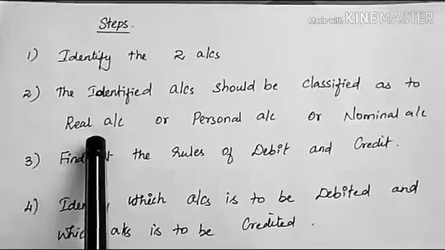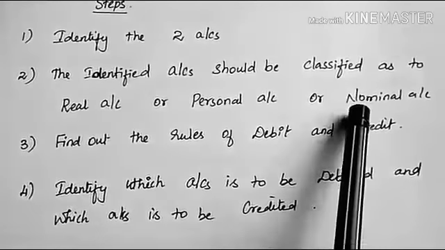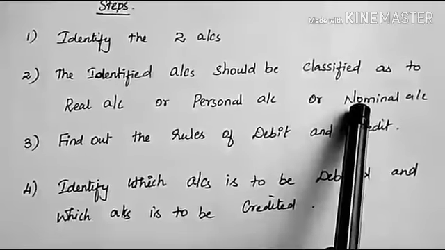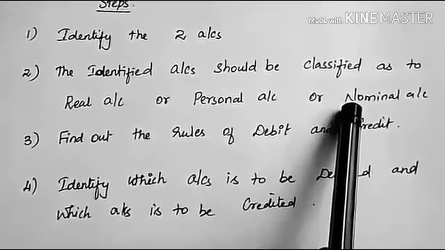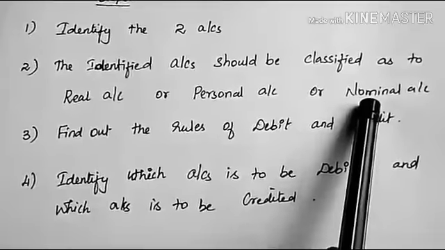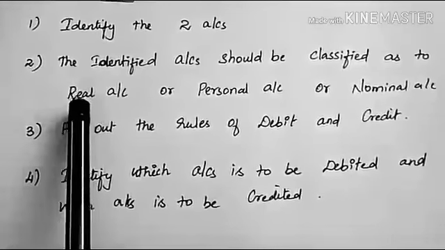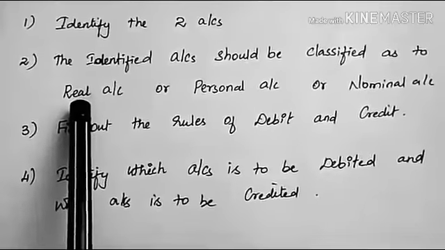Is salary a real account, personal account or nominal account? Salary is an expense, and expense means nominal account. The nominal account rule is to debit all expenses and losses. The second one is cash. Cash means real account. When you pay salary, cash goes out.